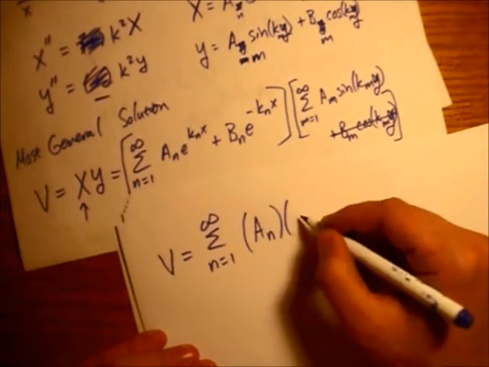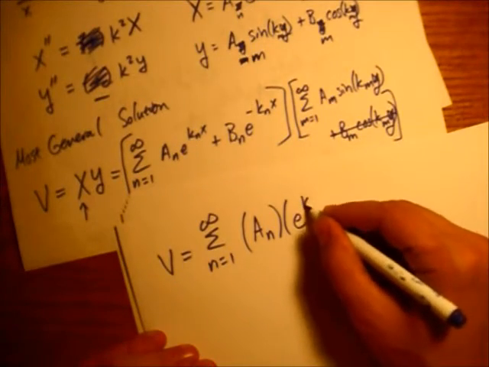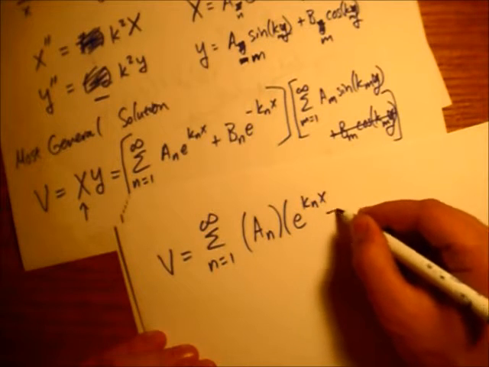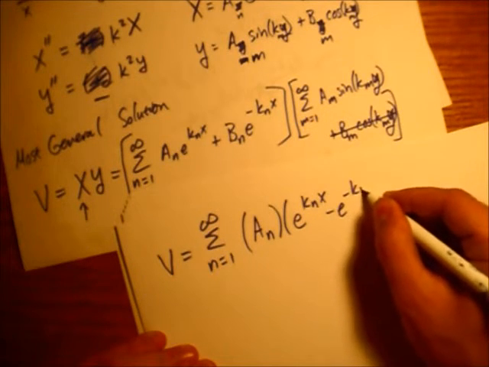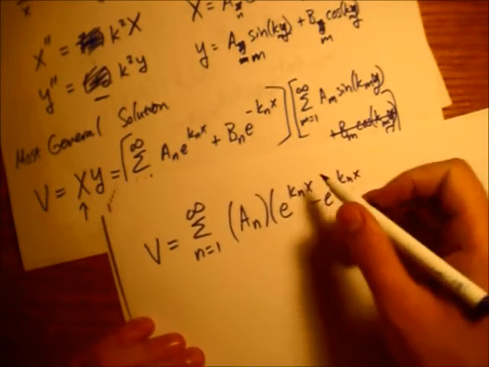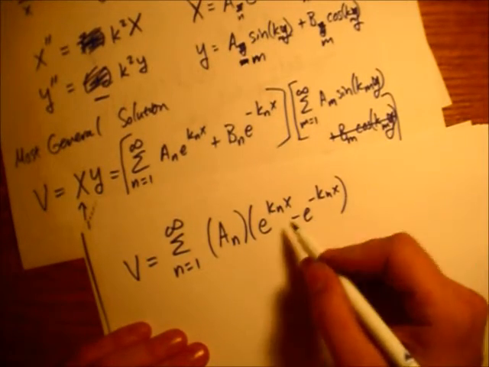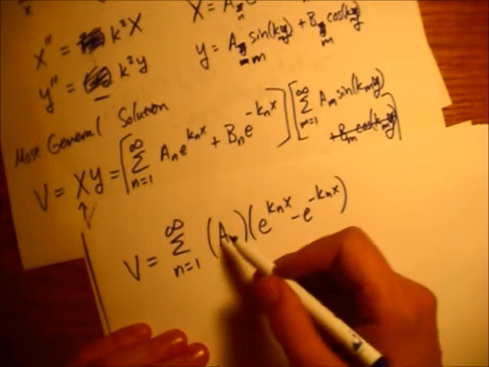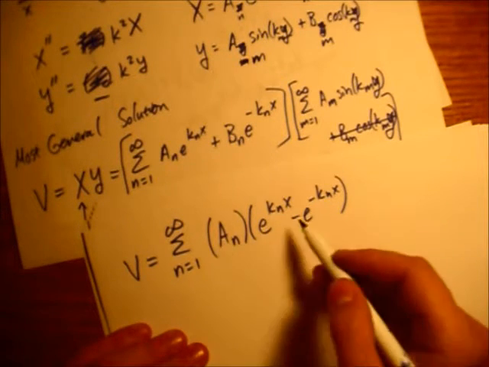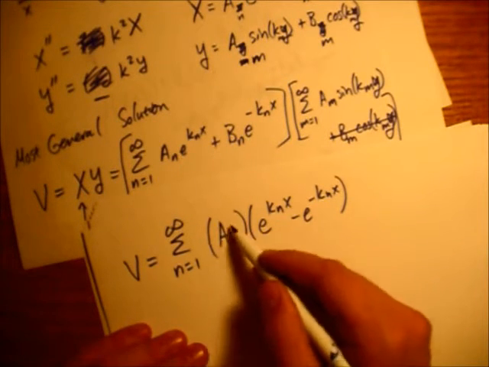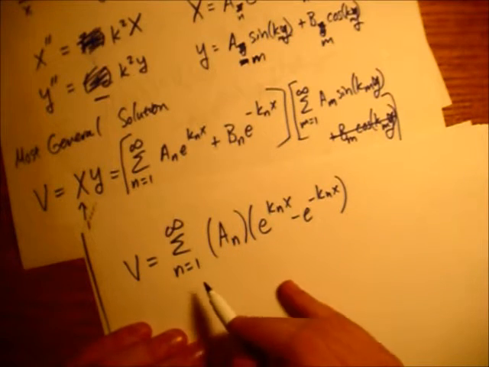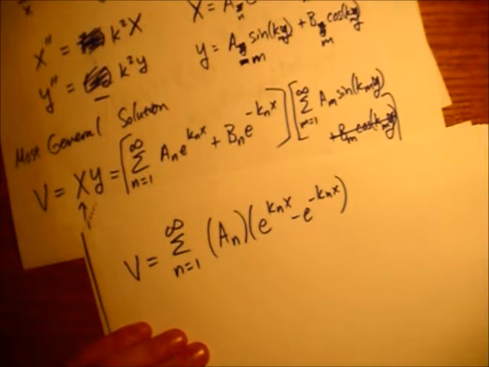So factoring that out, we get an e to the k n x minus e to the minus k n x. This is actually a hyperbolic sine, right? Well, it's 2 times a hyperbolic sine, but that 2 can be absorbed into the coefficient here, or divided out, whatever.